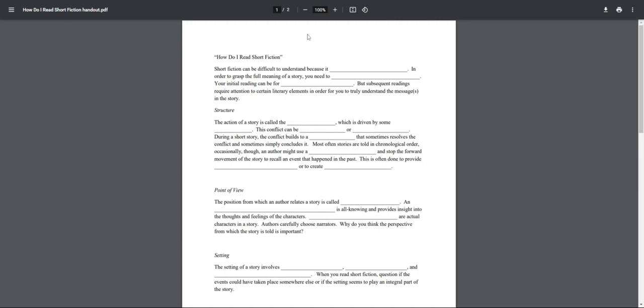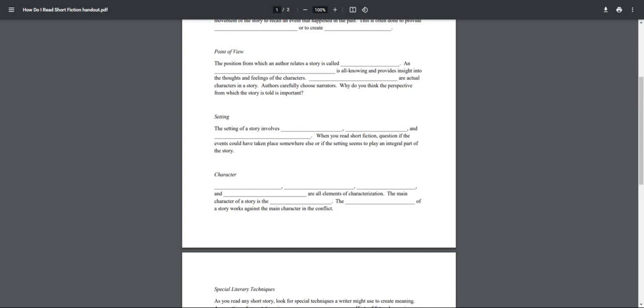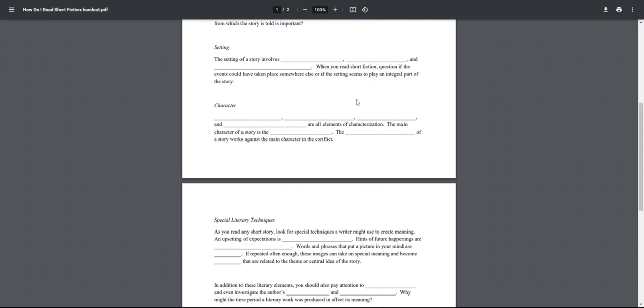All right, let's see. Next is setting. The setting of a story involves time, place, and atmosphere. So the time the story was written, or the time period it focuses on, this is super important because stories spring out of their cultural spaces, and they also help define their cultural spaces.